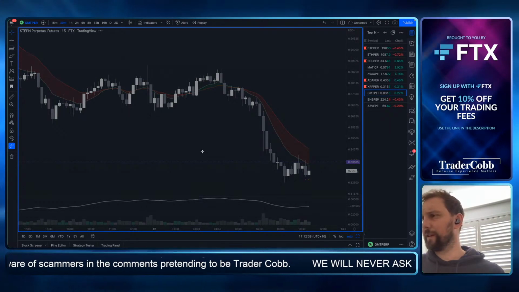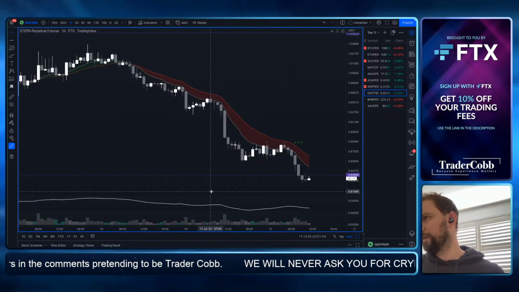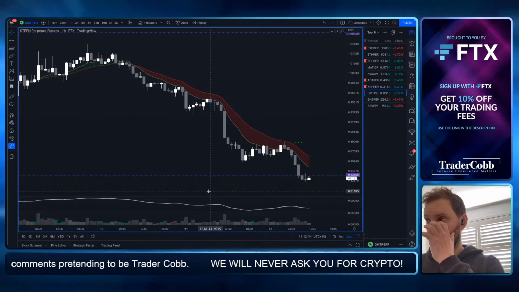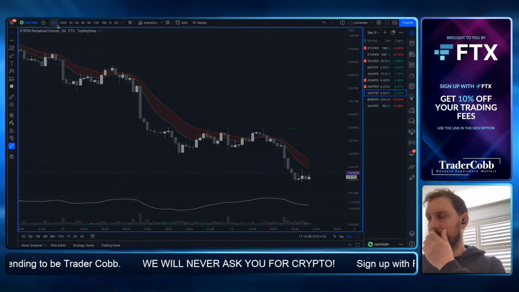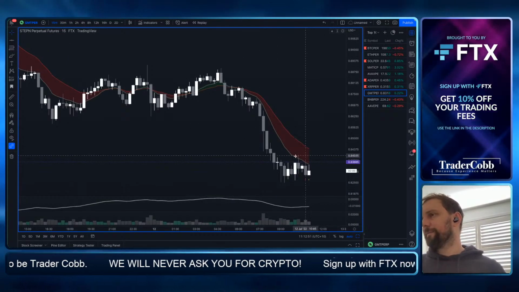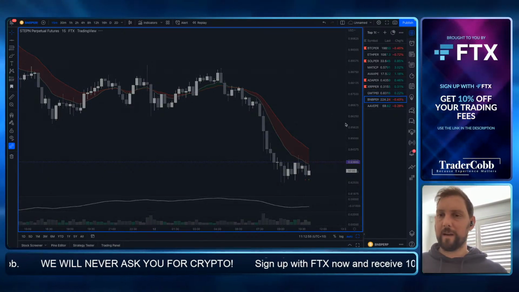Let's have a look at the 30. Have a look at the 1. Nothing really there for me at the moment. Look, this level's broken and it's getting very messy, so I'll leave GMT out.